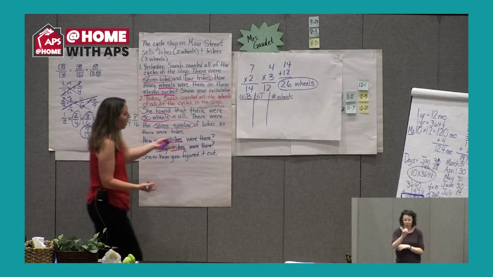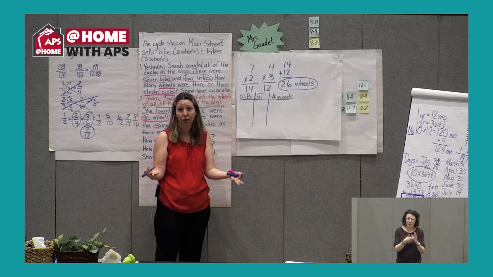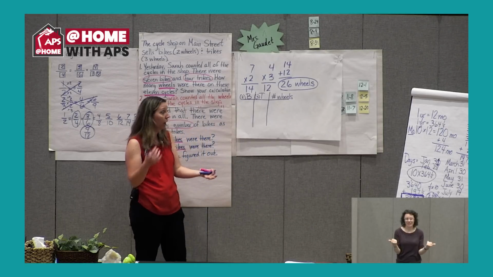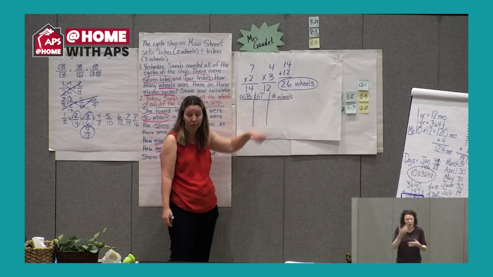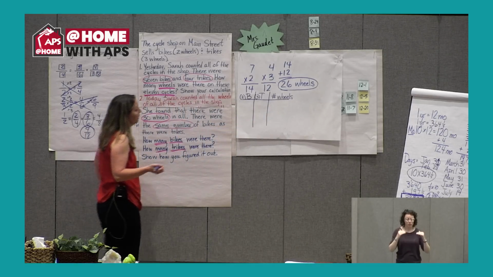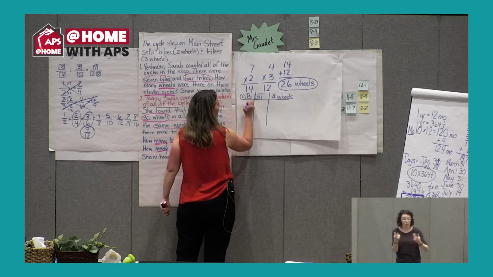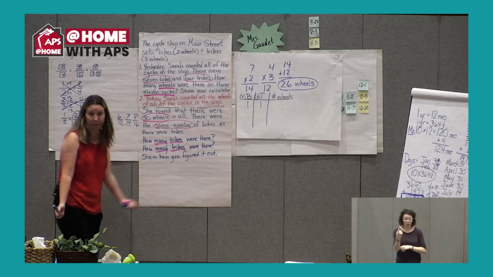Right? If we did that, how many bikes and trikes would I need to get to 30? 15 each. But that's not what it's asking. It's not asking for the bikes or trikes. It's asking for the number of wheels. So next, what we do is I'm going to do one bike, one trike, and then how many wheels would that be?